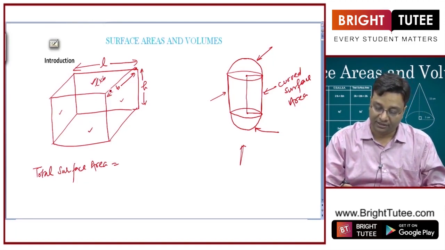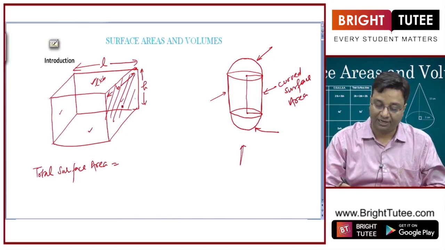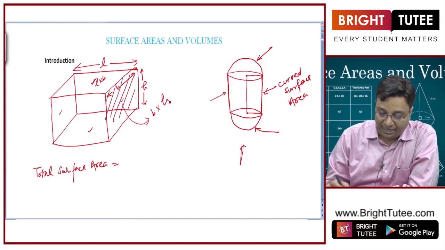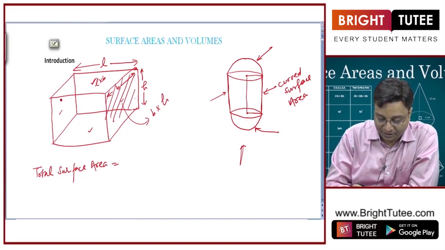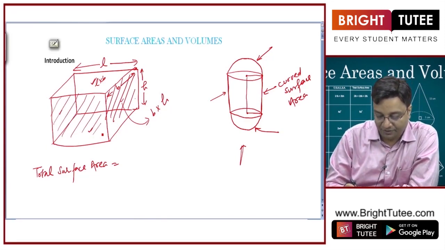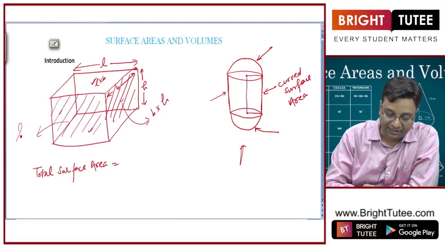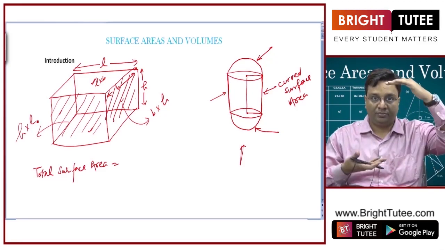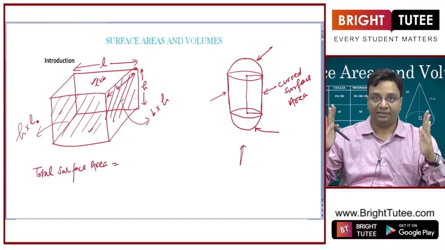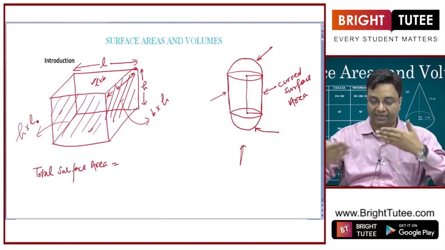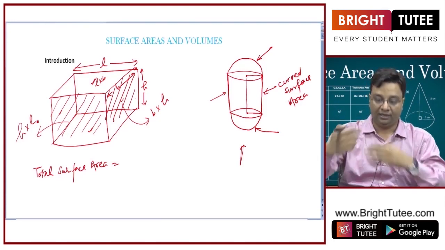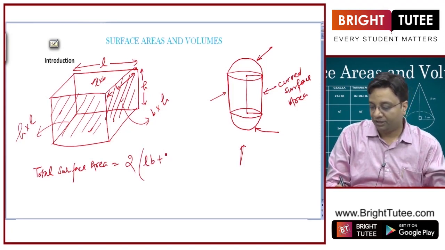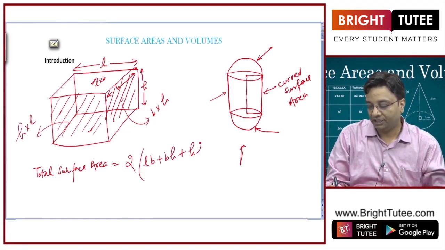This surface will have area of B into H, and this one will have surface area of H into L. So L into B, top and bottom. If I talk about these sides, B into H, and these sides H into L. So total surface area is 2 into LB plus BH plus HL.